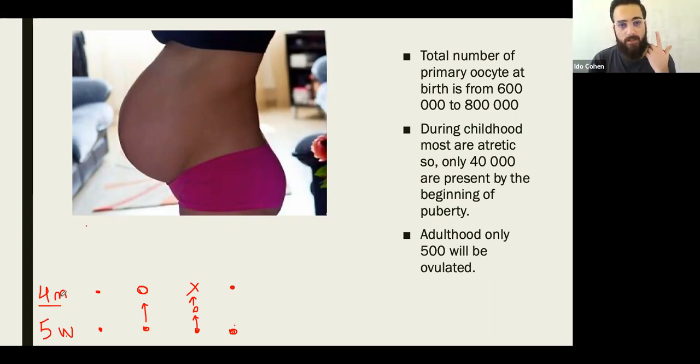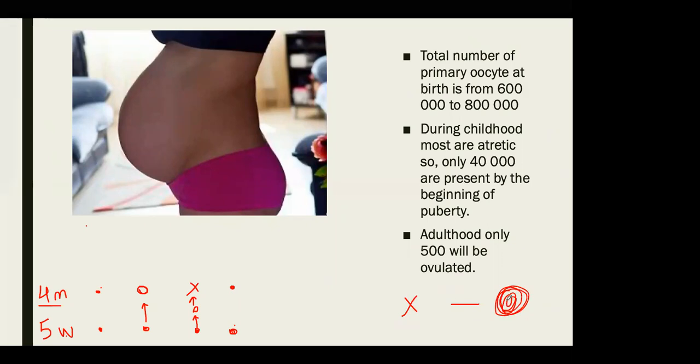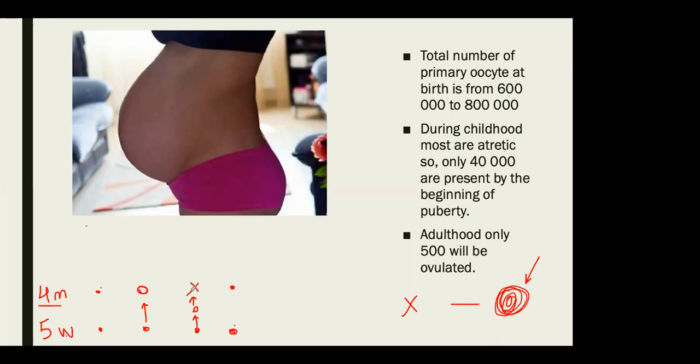Oogonia, primary oocyte, PGCs. So PGC, oogonia, and primary oocyte. Basically all of them except for the secondary oocyte. You need to remember that primary oocyte becomes secondary oocyte at puberty. This is a 4 month old embryo. Would you ever see secondary oocytes in an embryo? Never. The maximum you can see is the primary oocyte.